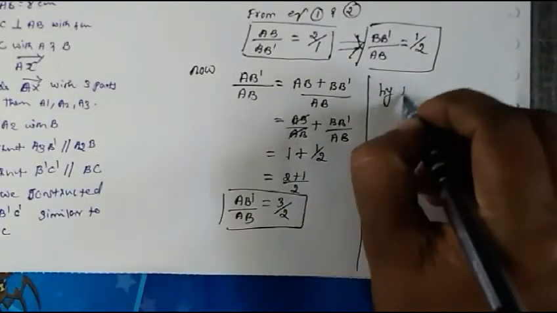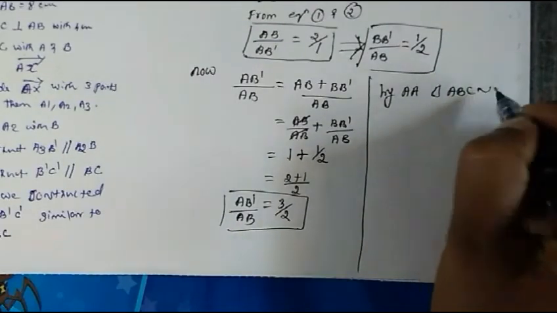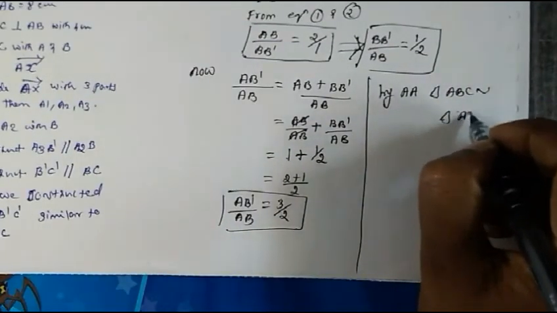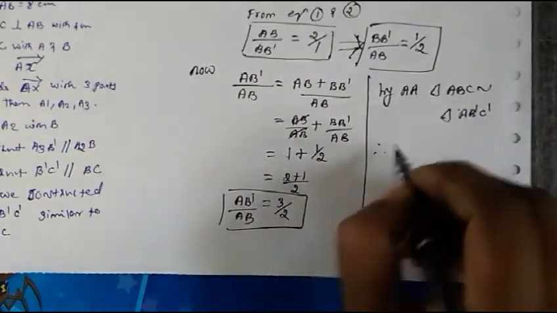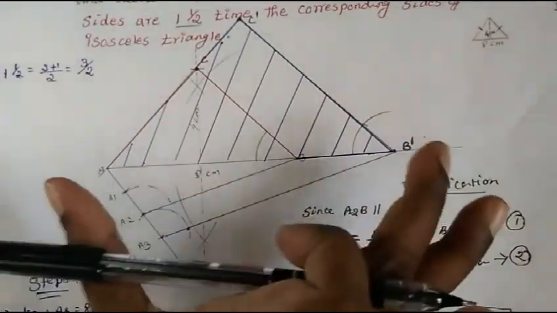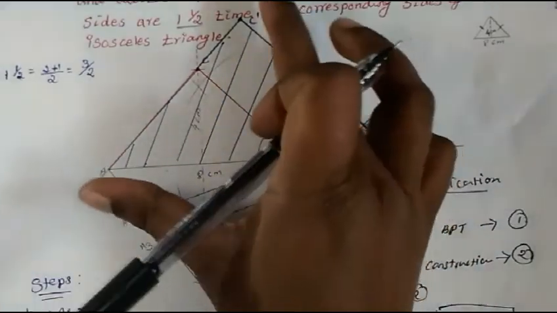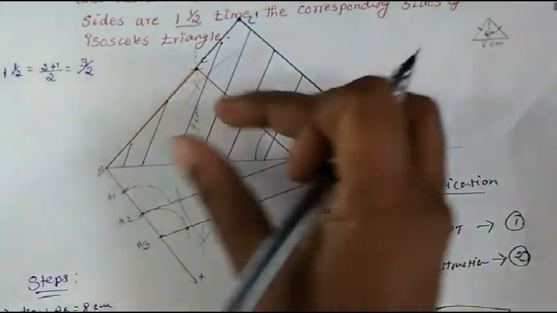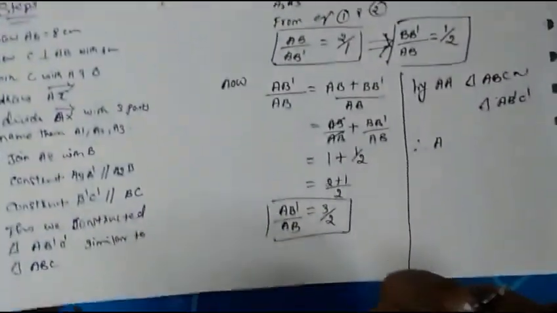So by the angle criteria, triangle ABC is similar to triangle AB dash C dash. Therefore we can say this is the bigger side. This side upon this side, and this side upon this side, and this side upon this side are equal.